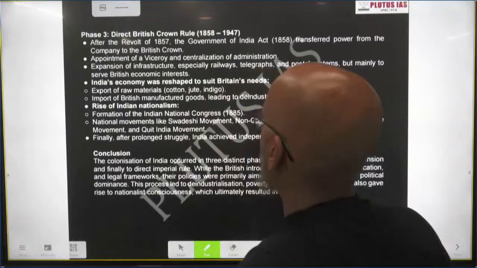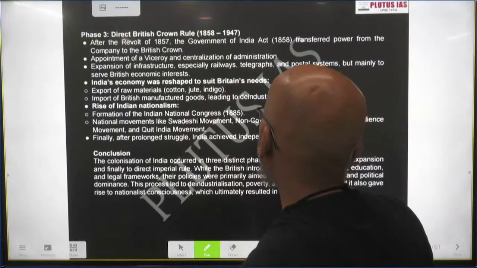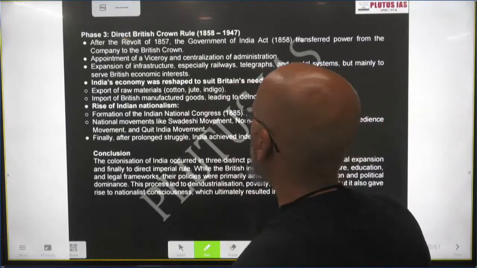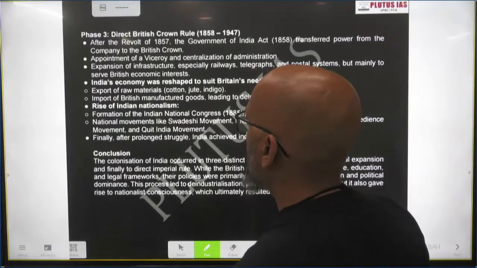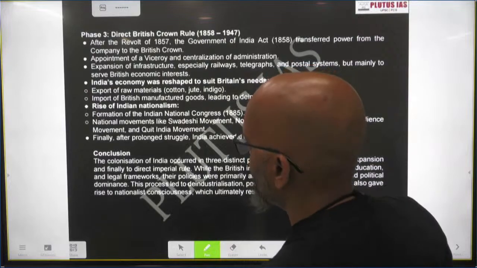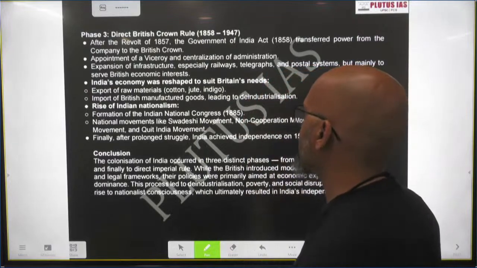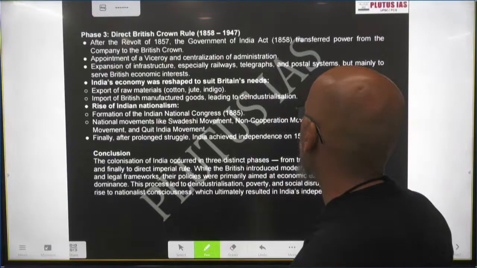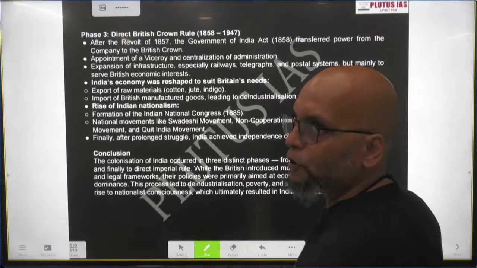After the revolt of 1857, the Government of India Act transferred power from the company to the British Crown, with the appointment of a viceroy and centralization of administration, and expansion of infrastructure, especially railways, telegraph, and the postal system, but mainly to serve British economic interest.